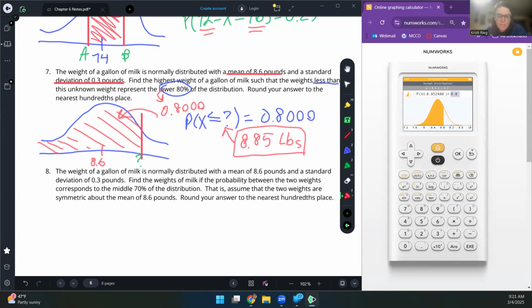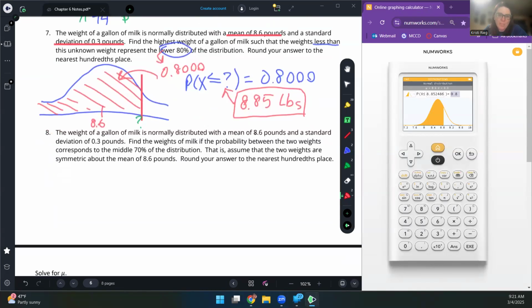That makes sense for this answer because the mean is 8.6, and that's in the middle, and we're looking for something bigger than the mean. The standard deviation is 0.3, so we're not talking about something significantly bigger than the mean. If you told me that your gallon of milk weighed 90 pounds, I'd say, yeah, that's not a gallon of milk, right? So it has to be somewhere near a gallon of milk for our answer. So 8.85 is a reasonable answer.